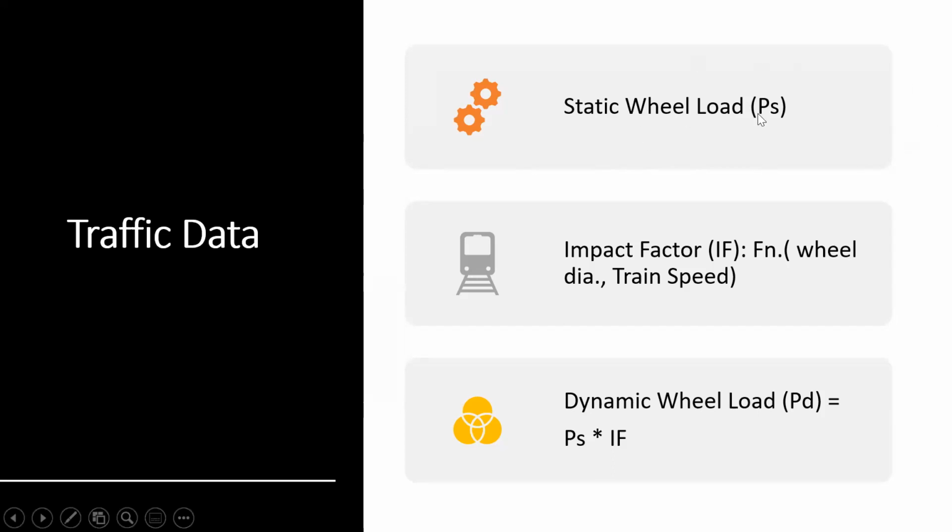So the static wheel load is something that you usually get depending on the train type. When we talk about trains, we're talking about locomotives, and rail cars, which typically carry passengers or freight along the rail track.